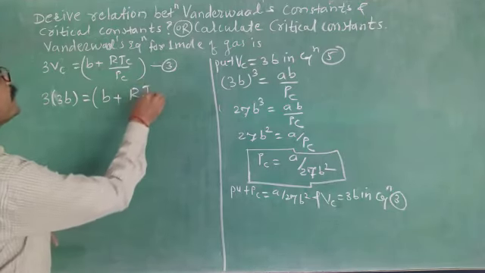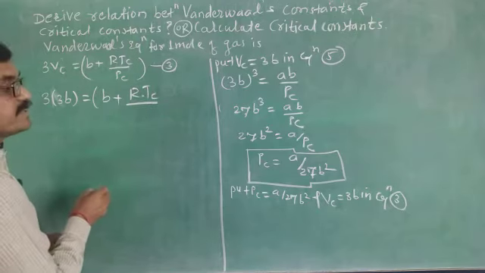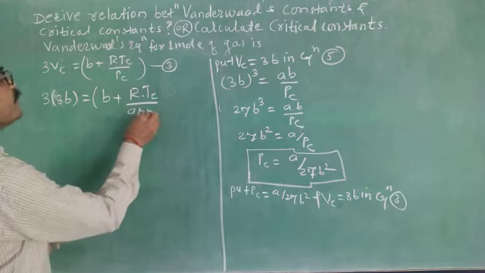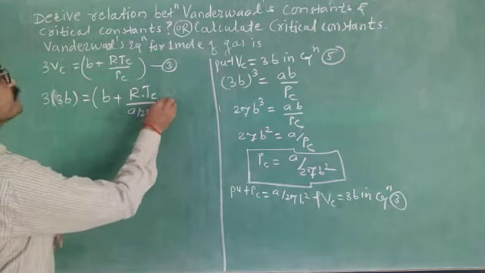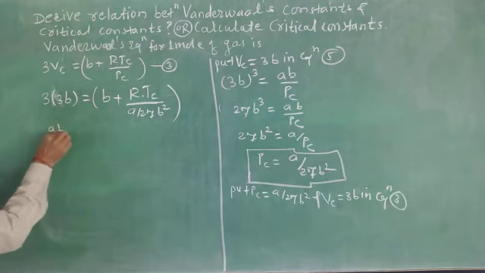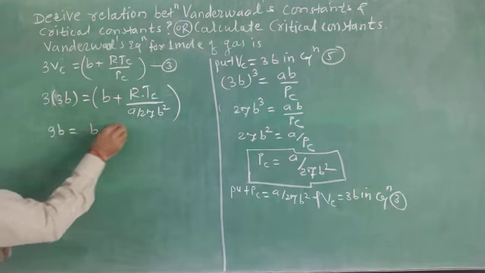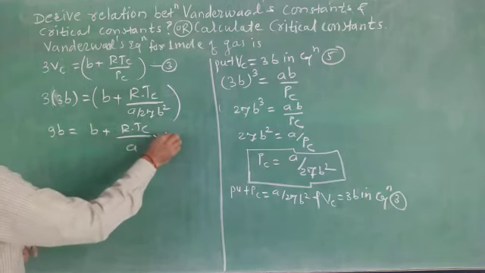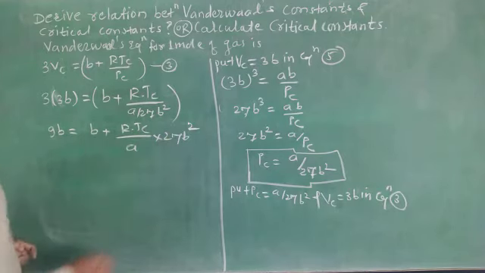You have to calculate Tc, that's why Tc remains as it is. What is the value of Pc? A upon 27 B square. 3 threes are 9, so 9B is equal to B plus RTc upon A into 27 B square.